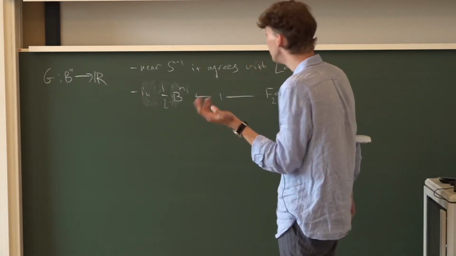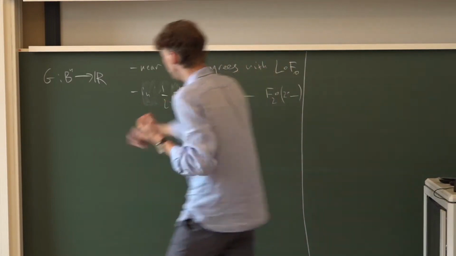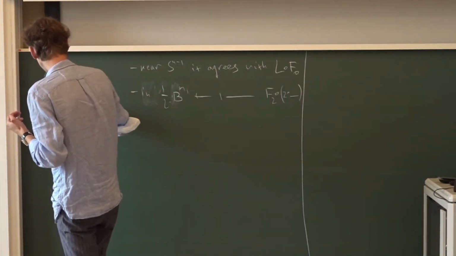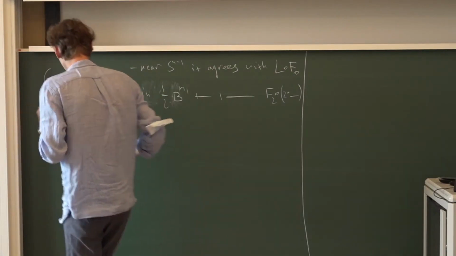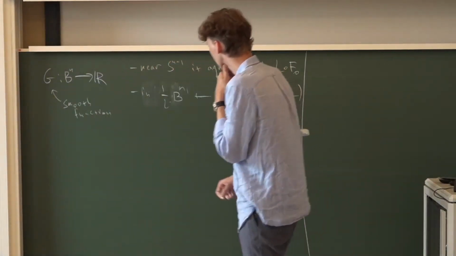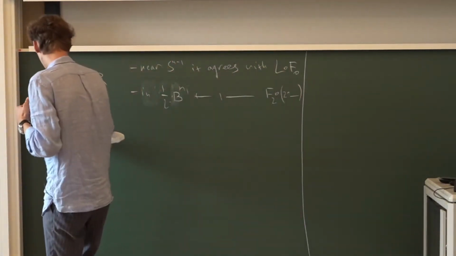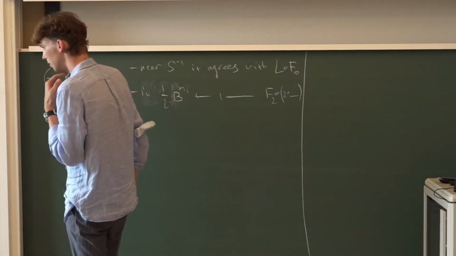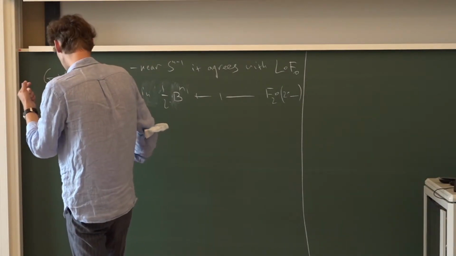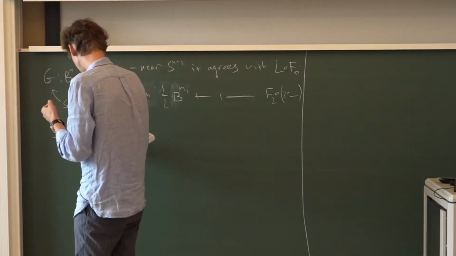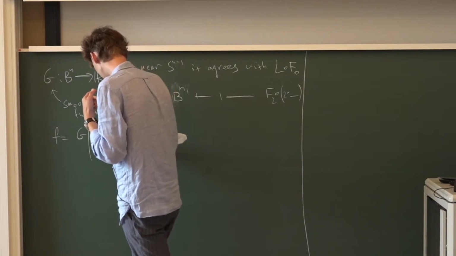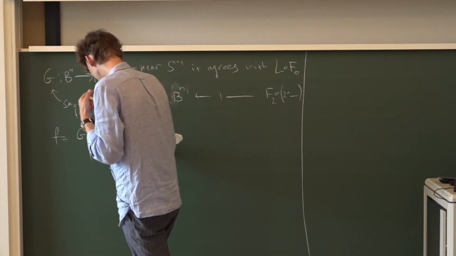And we are done. Then it's a smooth function. So let's take small f to be g restricted to some thin layer near the unit sphere. So something like... Well, I don't know.